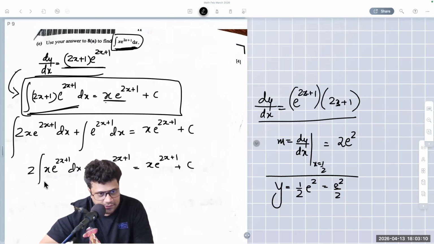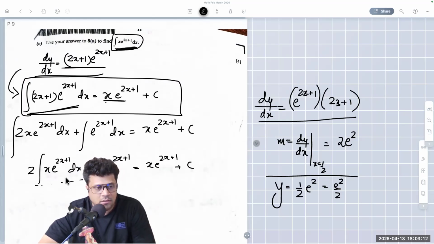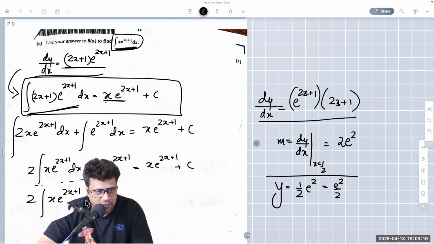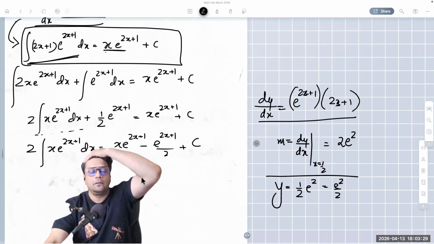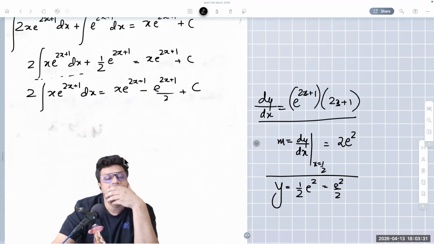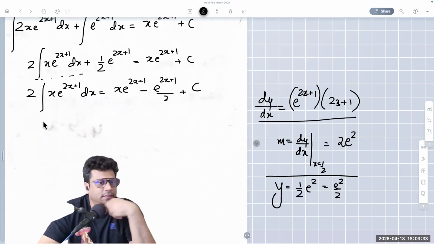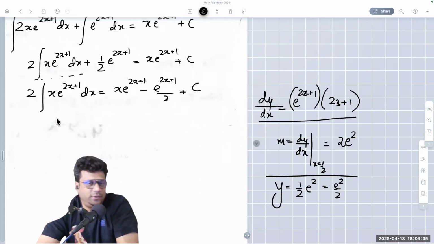So 2 times the integral of x e to the power of 2x plus 1 dx is x e to the power of 2x plus 1 minus e to the power of 2x plus 1 divided by 2, plus a c. And I can divide both sides by 2 now.